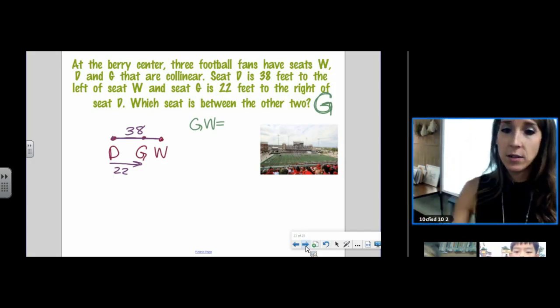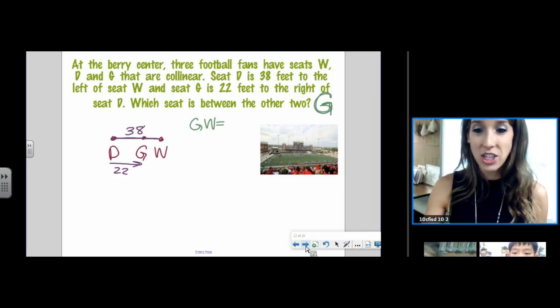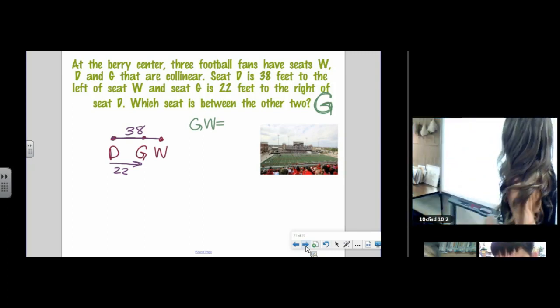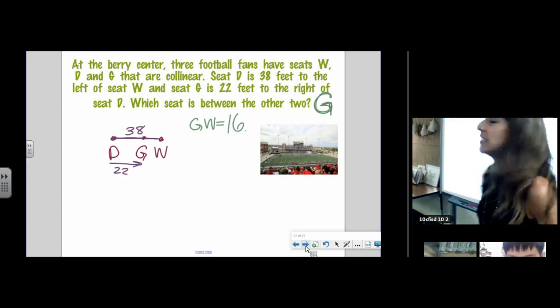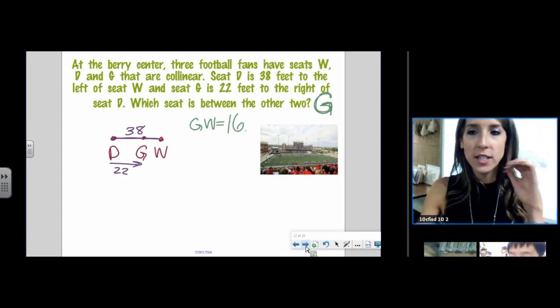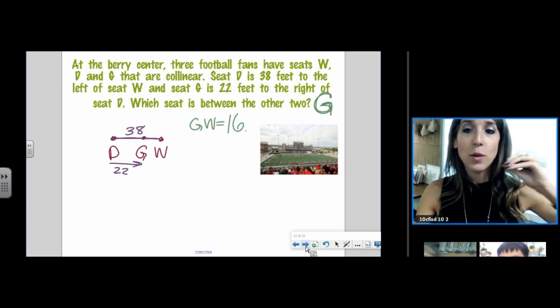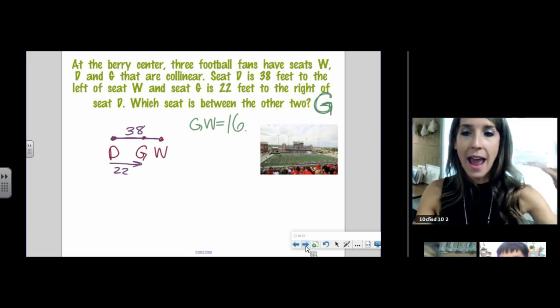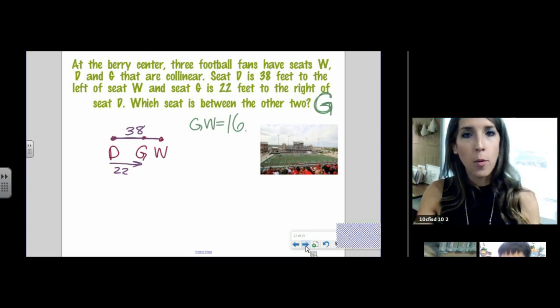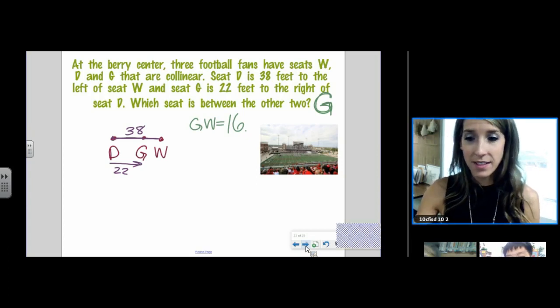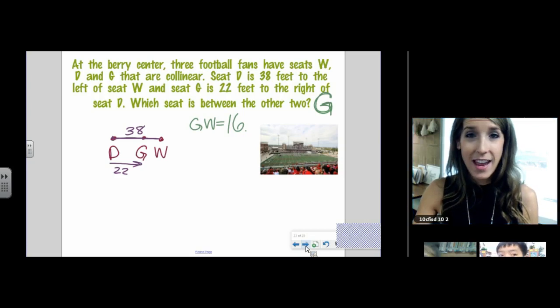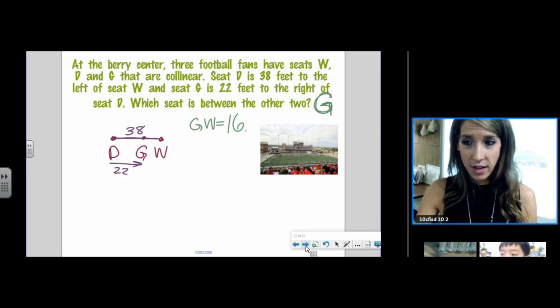So if you subtract those, then you'll know the length of segment GW. So it's important to be able to take a mathematical word problem and turn it into a correct diagram, an accurate diagram where our points are in the right spot in the segment. Try your homework. Answers will be posted and homework help video will be posted.